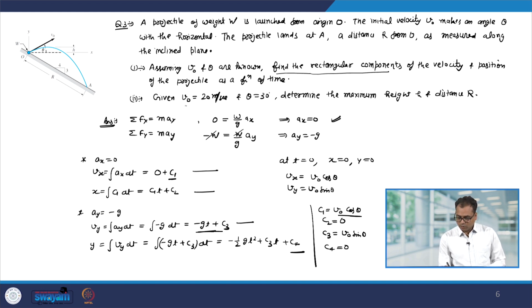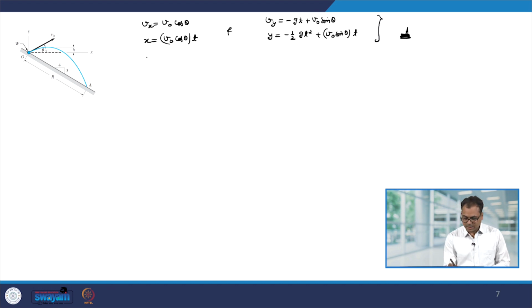Now, let us put the value V naught equal to 20 meter per second and theta equal to 30 degree to determine the maximum height h and the distance r. So, we get Vx equal to V naught cos theta, which comes out to be 17.32 meter per second.